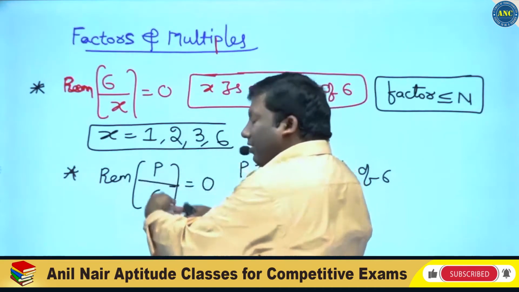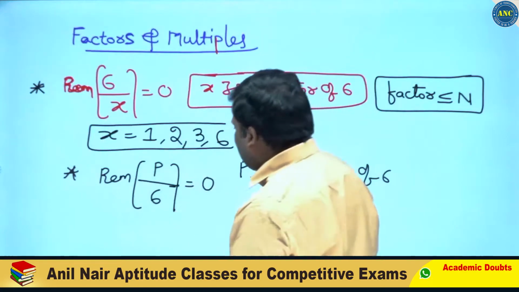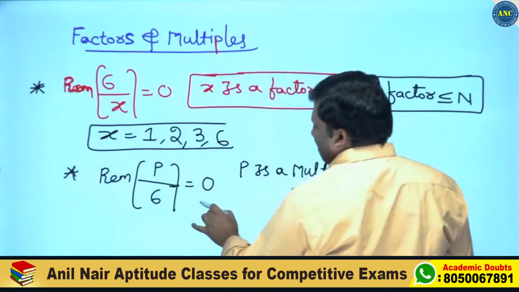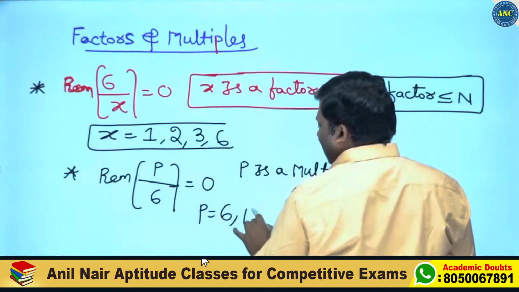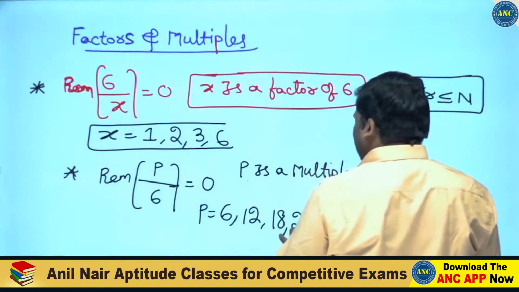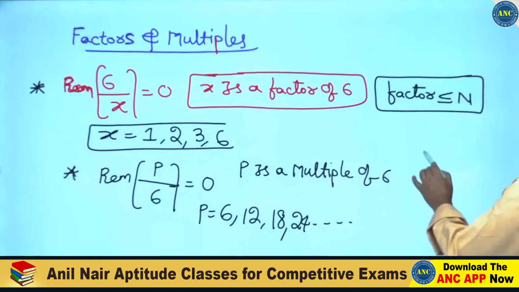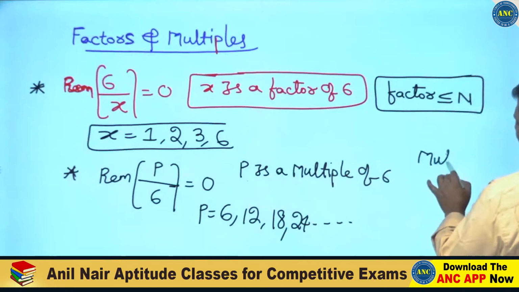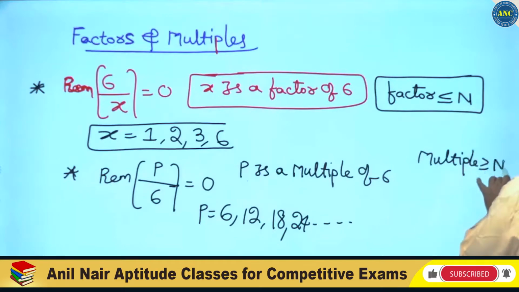If P is perfectly divisible by 6, that means remainder is 0, so P is a multiple of 6. 6 is perfectly divisible, 12 is perfectly divisible, 18 is perfectly divisible. A multiple is always greater than or equal to n.